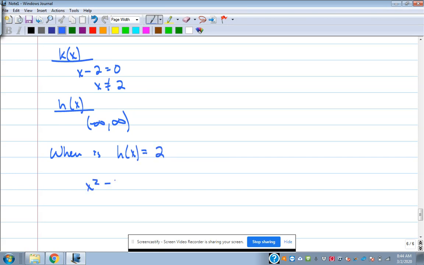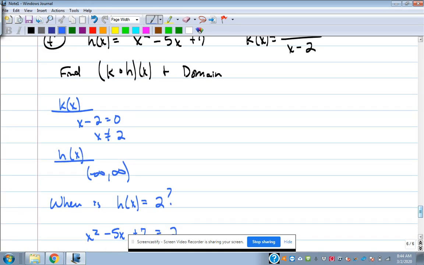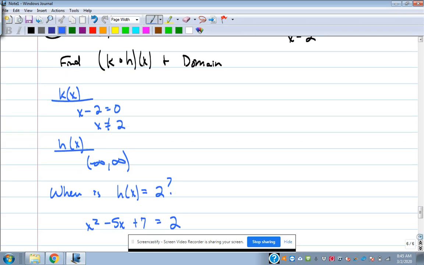We're setting up x squared minus 5x plus 7 equals 2. That's anytime the first function in the composition statement has restrictions, you've got to do this work. Or maybe better said, that's the only time you have to do this work. Okay, so we're setting up that quadratic equation.